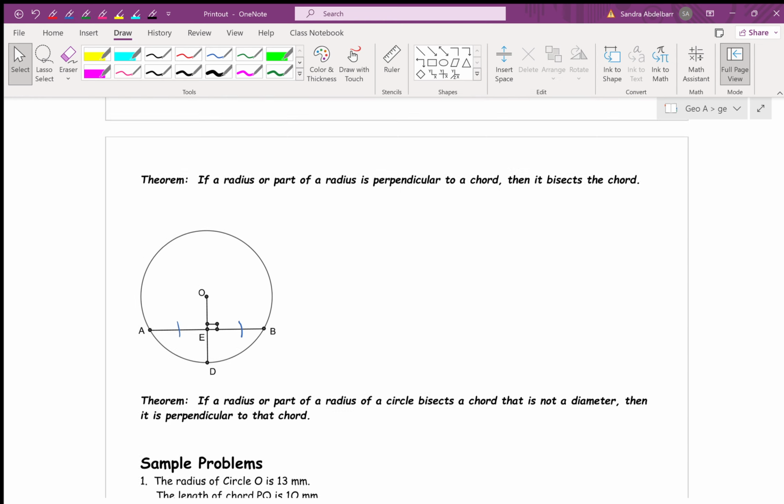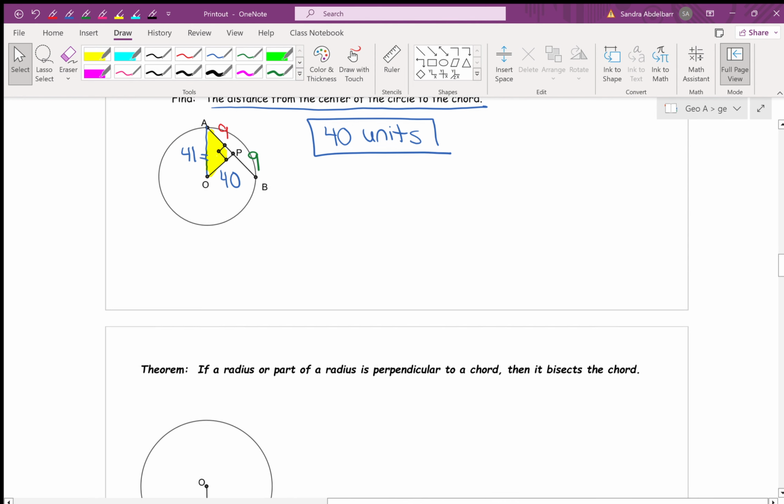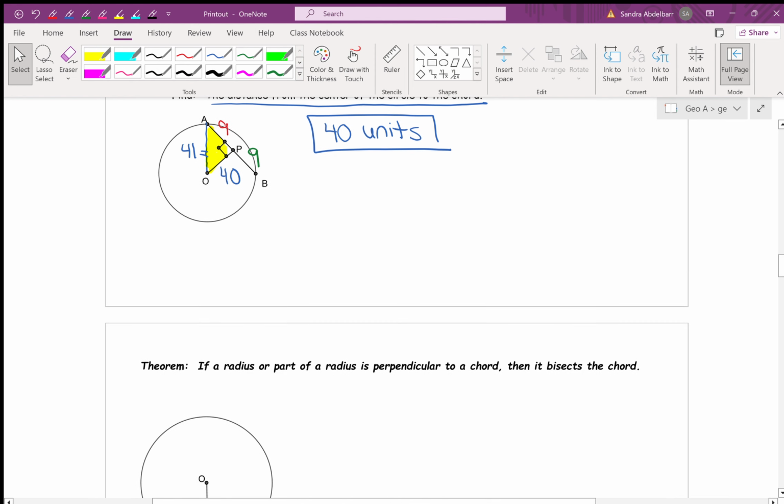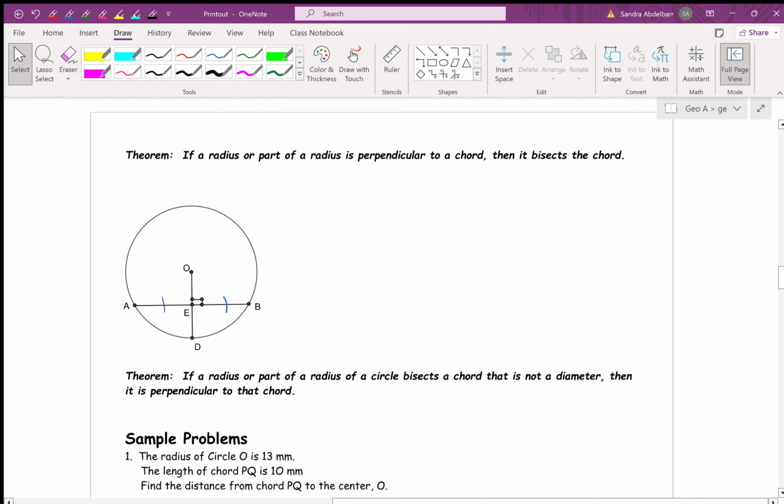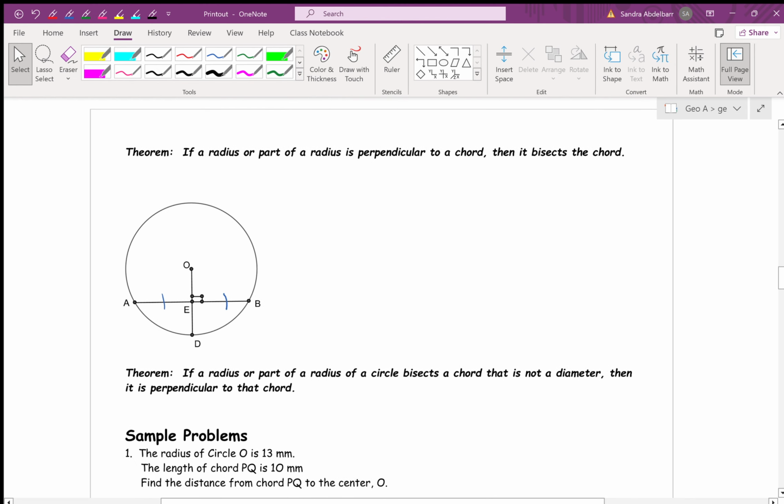And the reason is exactly what I showed you up here, because you'll always be able to create two congruent triangles, which means those two bottom parts are congruent regardless. So that's why, exactly what I showed you in that last problem. So anytime you have a segment coming from the center of the circle, if it's perpendicular to the chord, it will also bisect the chord.